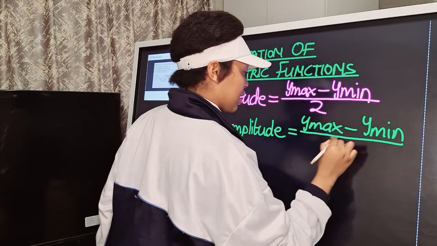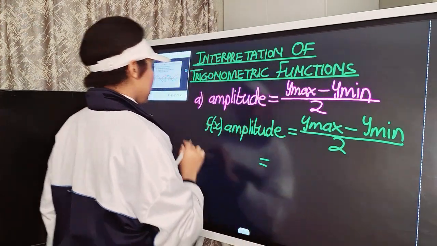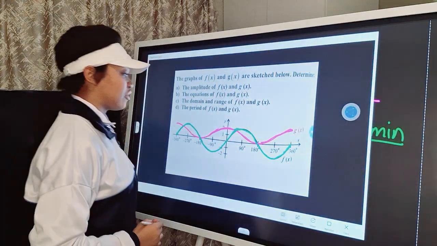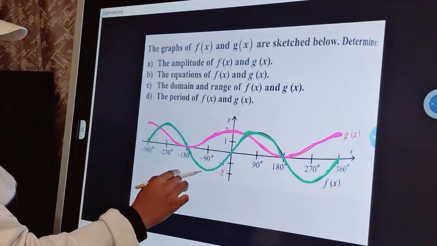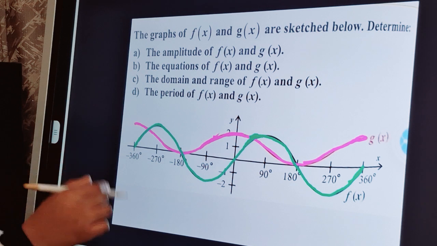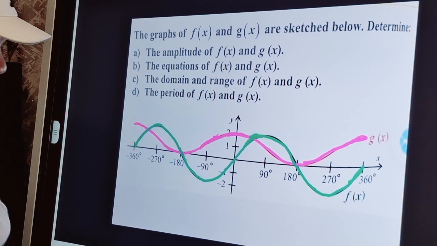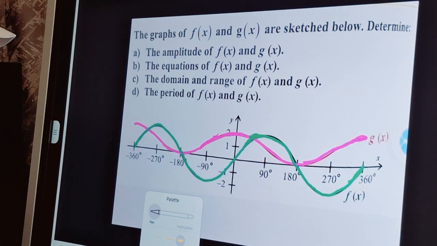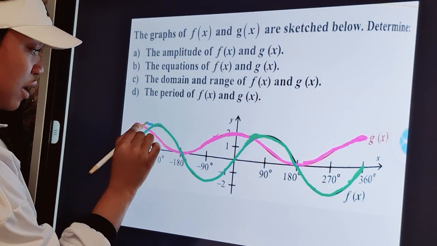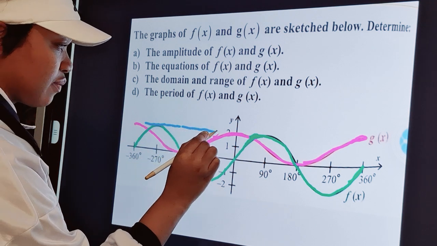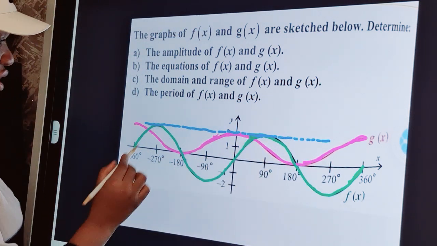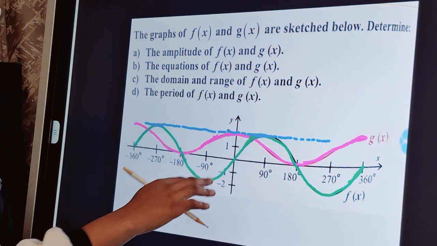Let's look for y max first. On the green graph, the graph of f(x), we look at the highest point, the maximum point. Look at where this point passes. This is the highest point on graph f.